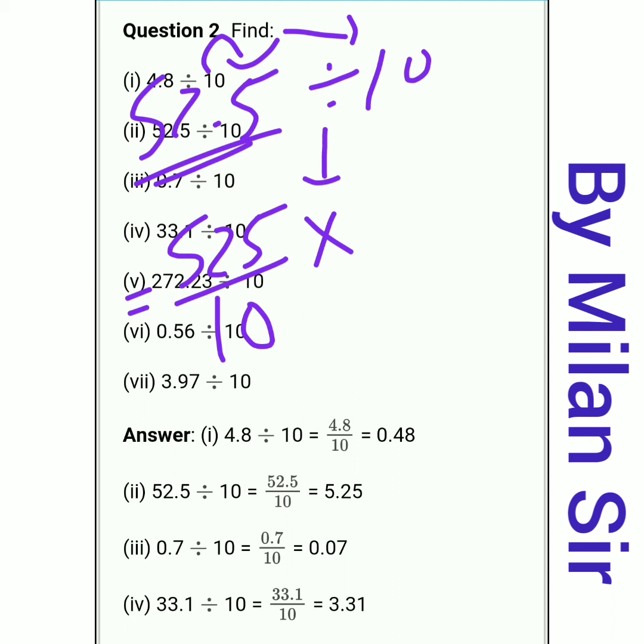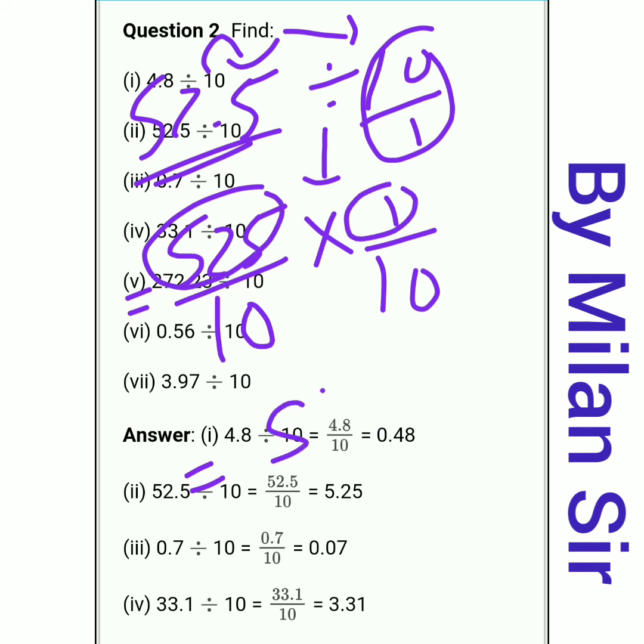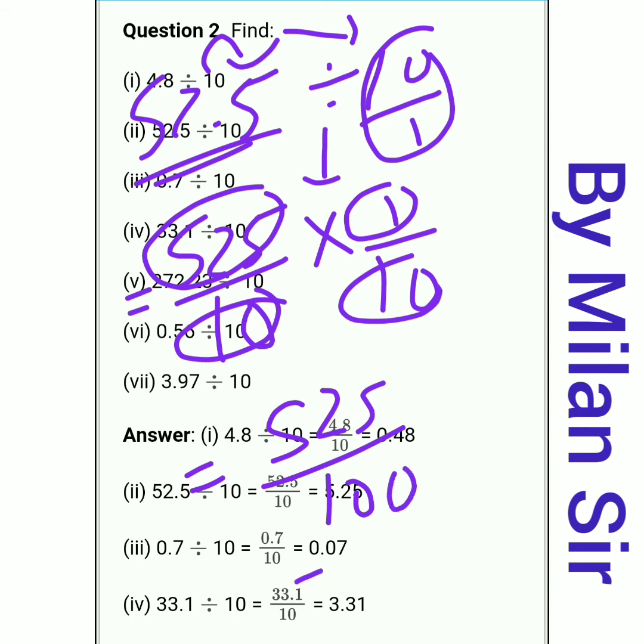Now 10 is there, nothing is in the denominator, so we write 1. The reciprocal of 10 by 1 is 1 by 10. So in the numerator 525 ones are 525, divided by 10 tens are 100. In the numerator before two digits we put the decimal point, so it becomes 5.25.